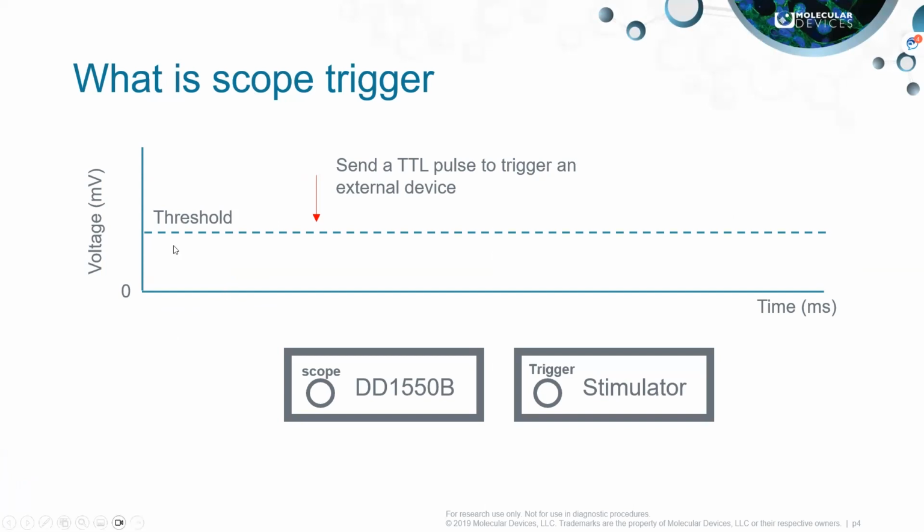First, you can see there's a long continuous recording, and you set the threshold voltage. When the signal reaches this threshold point, the scope BNC port from the 1550B will send a TTL pulse to the stimulator.